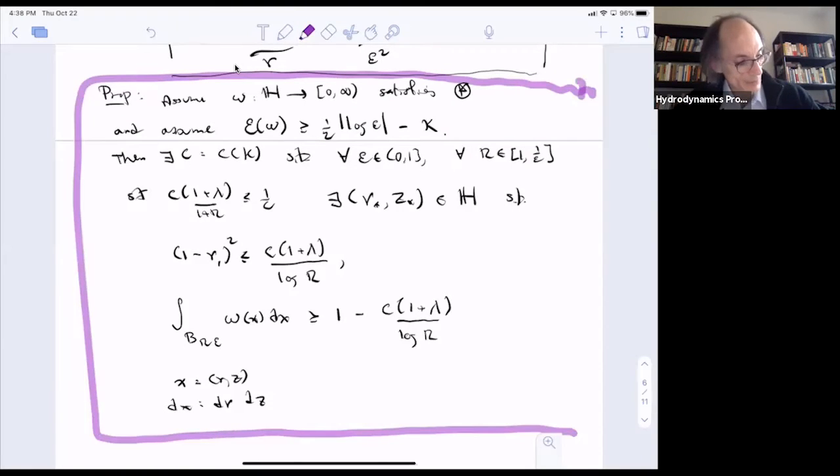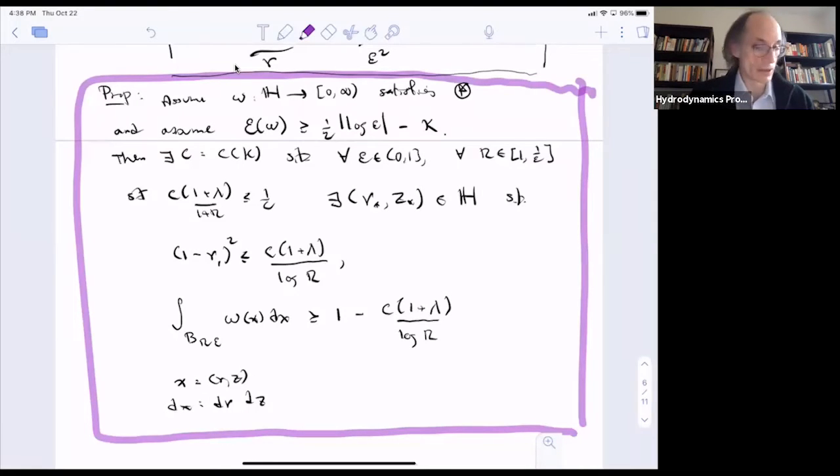The proposition tells us a lot about the solutions of Euler with the kind of initial data I've described. And so for that data, condition star will hold. And the conclusion is that, let me take R to be, for example, epsilon to the -1/2.